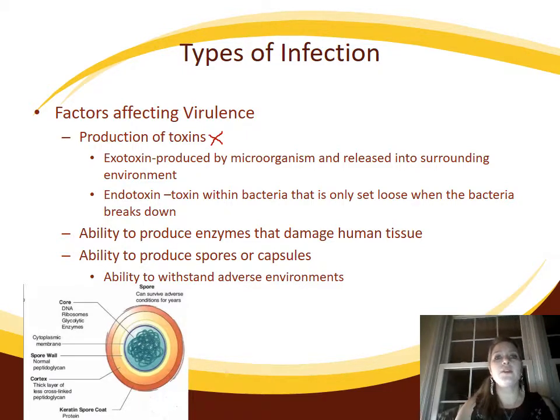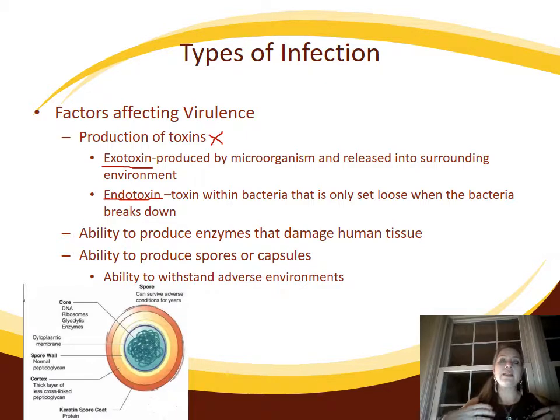There are two different types of toxins that they can produce: an endotoxin, endo meaning inside, and an exotoxin, exo meaning outside. An exotoxin is produced by the microorganism and then released out into its environment, whereas an endotoxin is contained within the microorganism, but as that microorganism starts to break down, the toxin is released into the system.